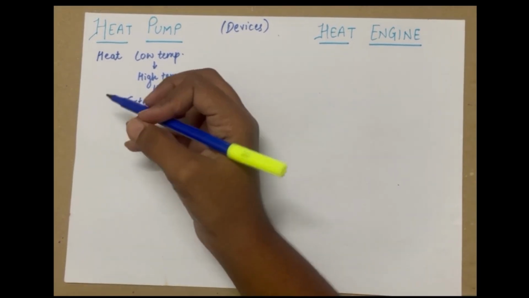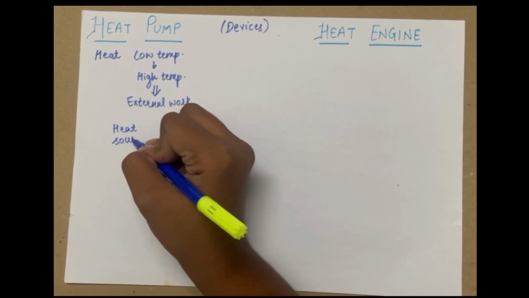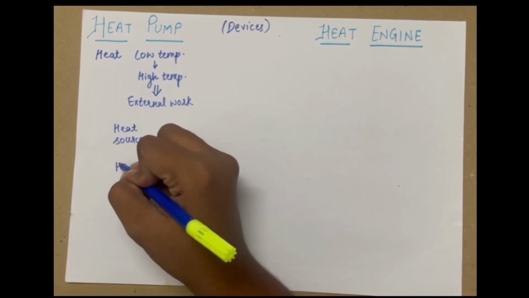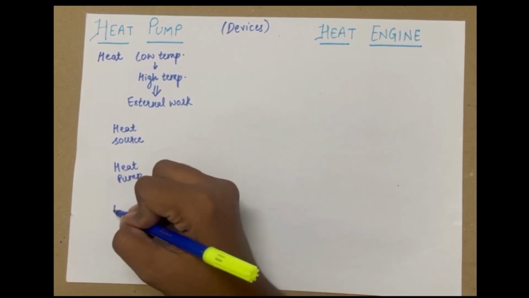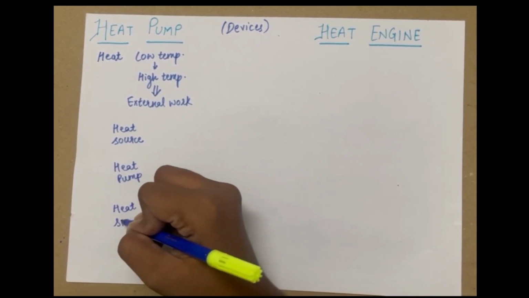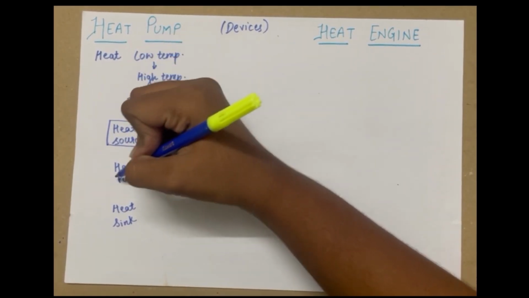So basically it comes with a flow diagram, and for that we need a heat source. After heat source comes the heat pump, and after heat pump comes the heat sink. So let's make blocks for this.